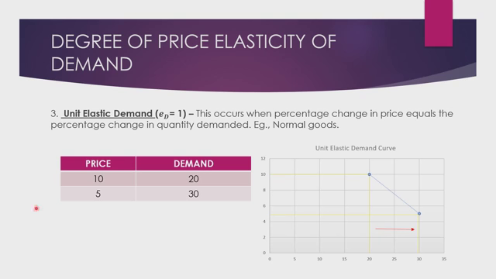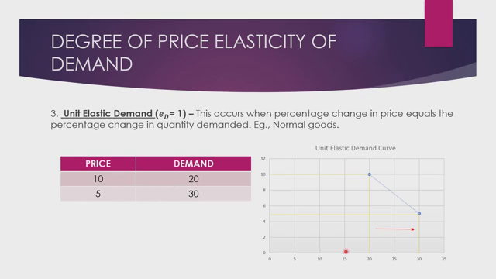Here, the price has decreased in steps of 5 rupees. With every fall in price by 5 rupees, the demand increases by 10 units. That means the proportionate change is equal. If you calculate it, the percentage change will be equal.